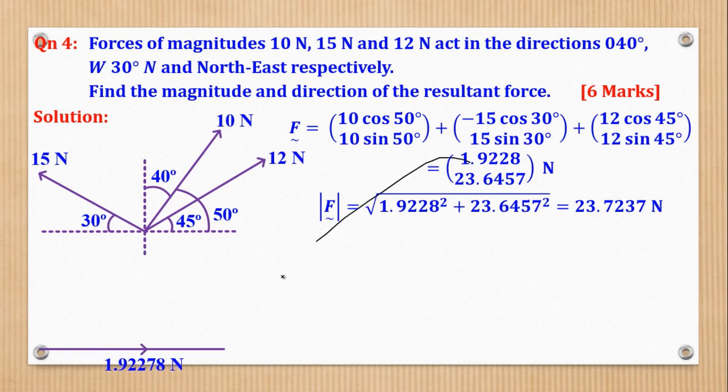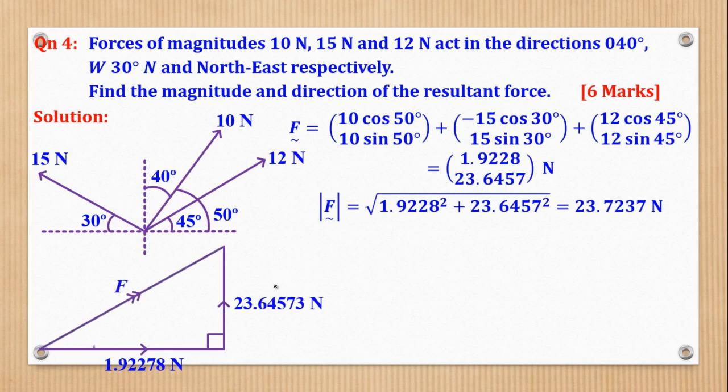So positive horizontal is to the right. Then positive vertical is upwards. Then you draw a line from start to end, which gives you the resultant. So this magnitude is what we've got, but we need this direction also. So you shall use tan.